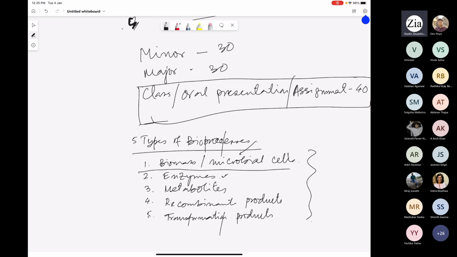Similarly, if you want metabolites, there also you will try to channel your reaction strategy in such a way that the biomass produces more metabolites than other compounds. And obviously in all production processes, whatever other components get synthesized, mostly they will act as impurities.